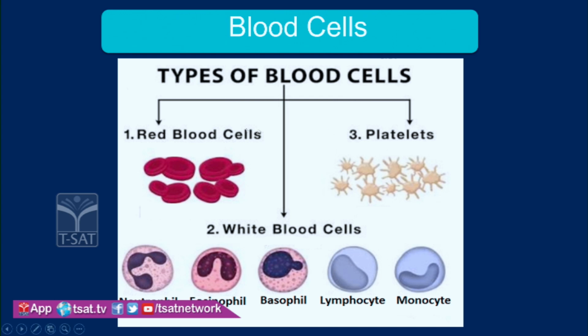Now, the second type of blood cells you can see is white blood cells. White blood cells are very interesting. They are white in color. There is no pigment like hemoglobin, that's why they are white in color. But white blood cells are divided into 2 types based on granules. These 3 are granulocytes. These 2 are agranulocytes.